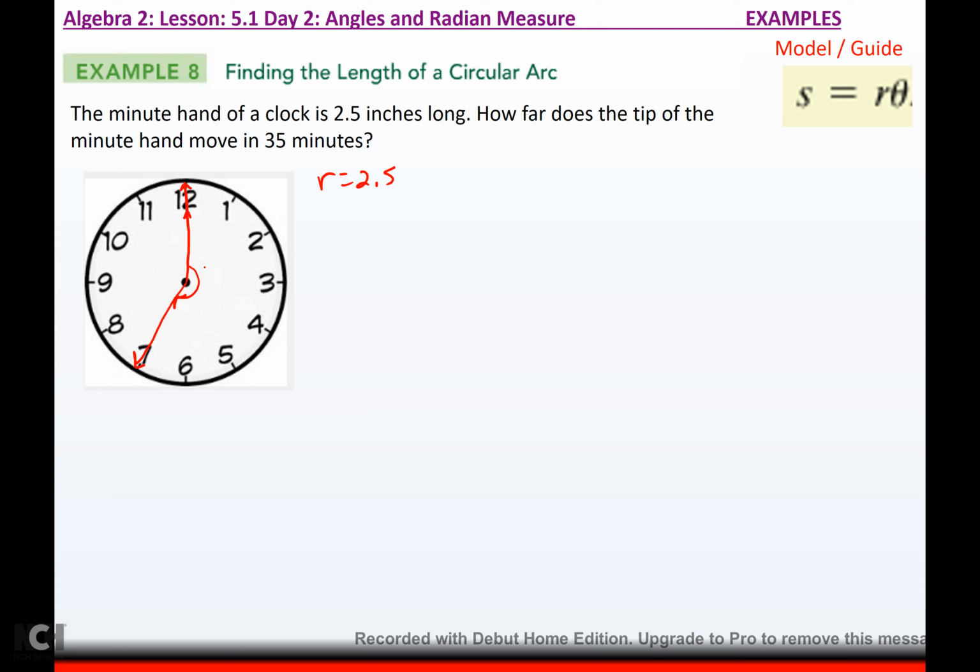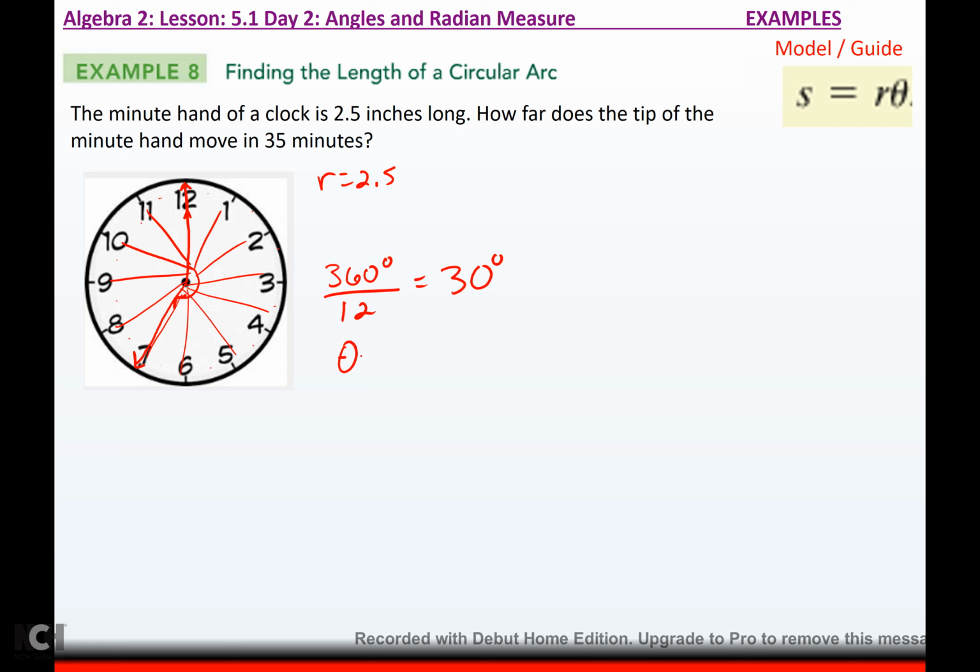Well, the whole circle is 360 degrees. If I cut that into 1, 2, 3, 4, 5, 6, 7, 8, 9, 10, 11, 12 equal pieces, if I divide that into 12 equal pieces, 360 divided by 12, each 5 minutes is 30 degrees.